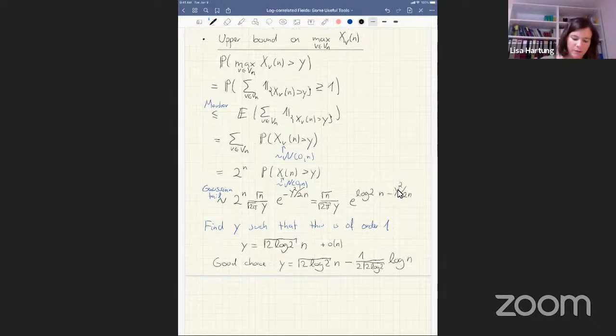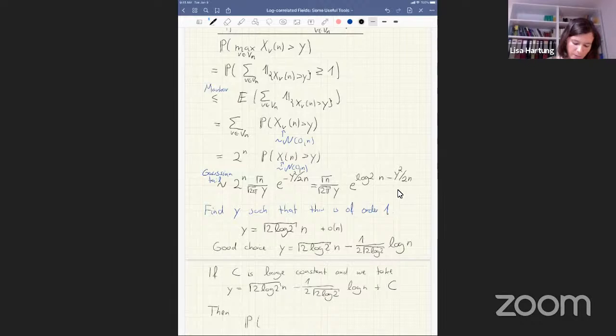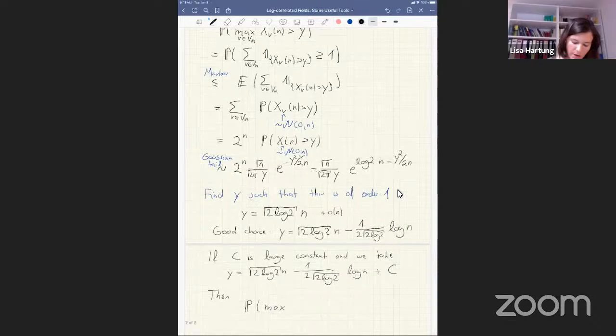So if we take a large constant, and we choose y to be what I've just written to make this of order 1, plus this large constant, then the probability that the maximum of X_v of n is larger than y becomes small, because I've added this extra large constant.